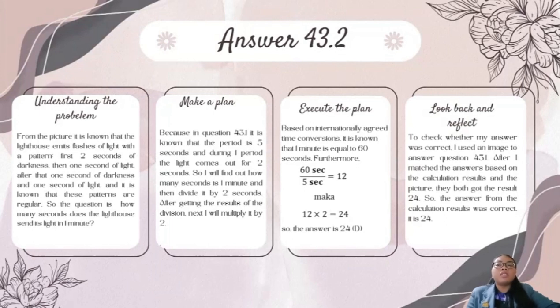To check whether my answer was correct, I used an image to answer question 43.1. After I matched the answer based on the calculation result and the picture, they both got the result 24. So the answer from the calculation result was correct.